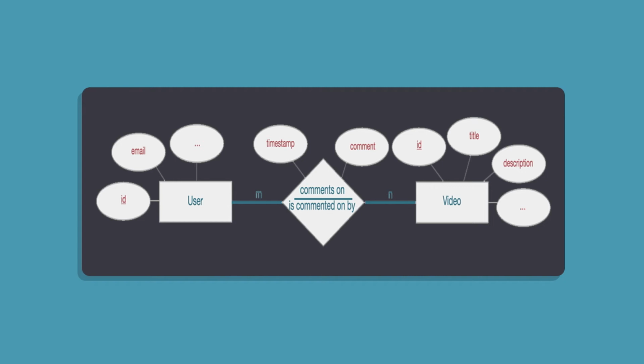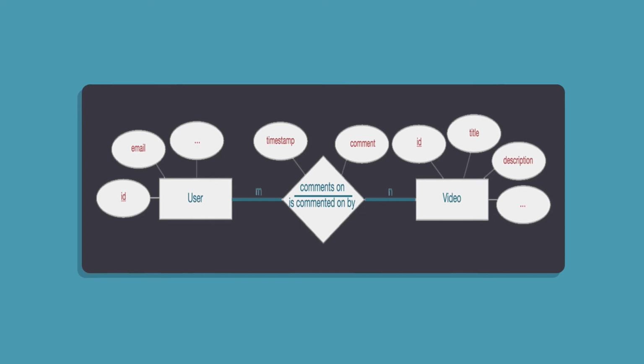Not only that, notice that both users and videos have a set of attributes, right? Users have an email, they have an ID, videos have a title, a description, so on and so forth. So by using my entity relationship diagram, I can then start to map out what those relationships are going to look like.